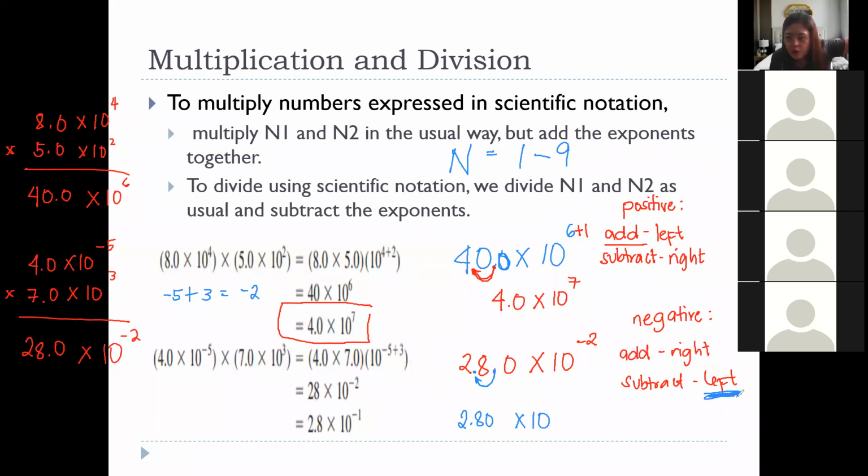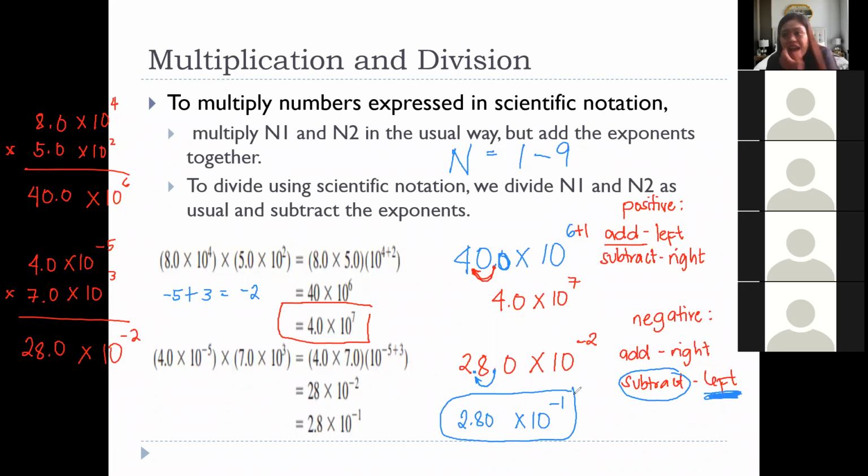So when going to the left, we subtract from the exponent. Since we moved one place, we subtract 1 here, which means our exponent now becomes negative 1. So this is now the final answer, 2.8 or 2.80 times 10 raised to the power of negative 1.